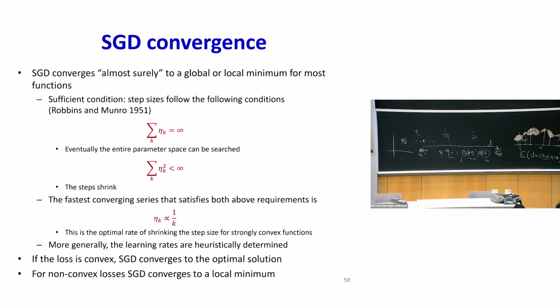Now, you don't really need to have something that goes down as 1 over n. You can actually have something which goes down this way, and it has the same property. So typically, this is what we use, right? Any questions?